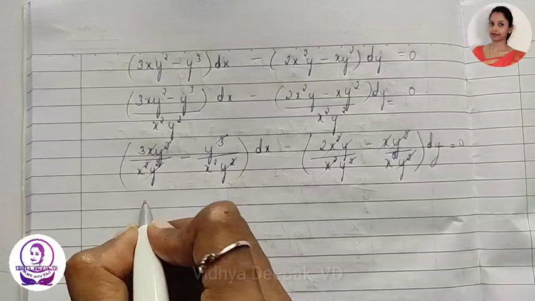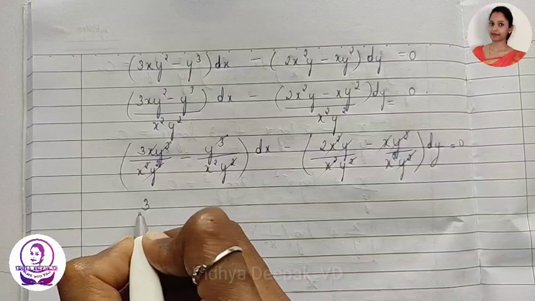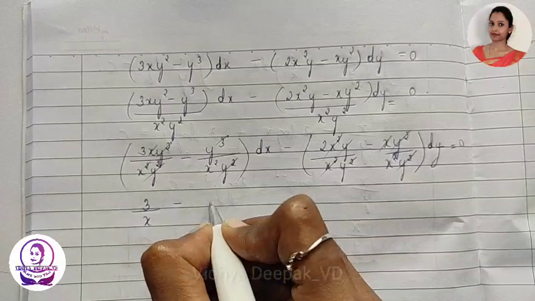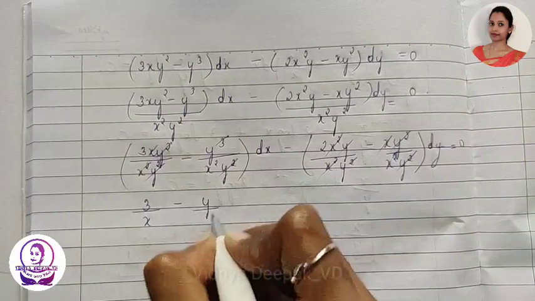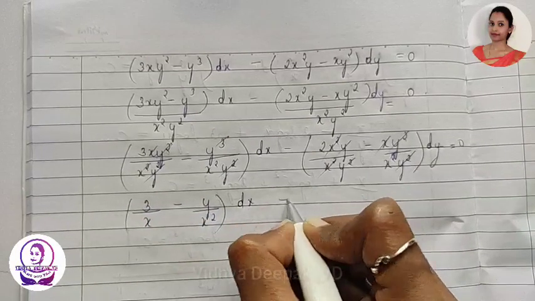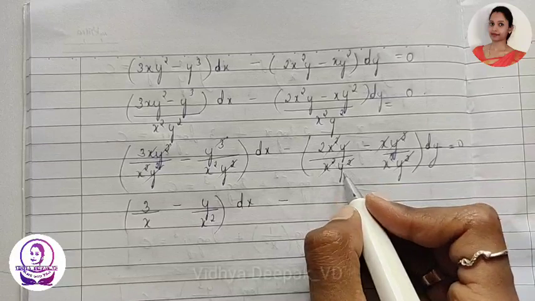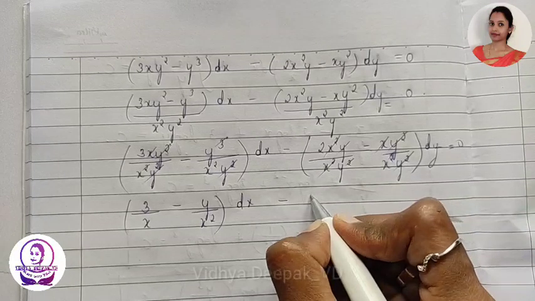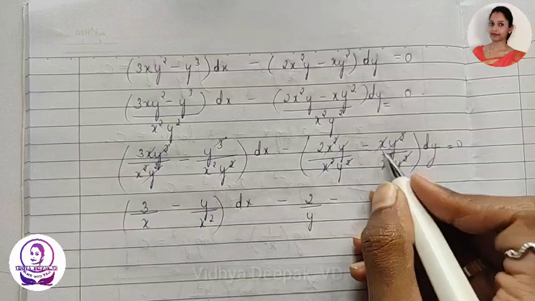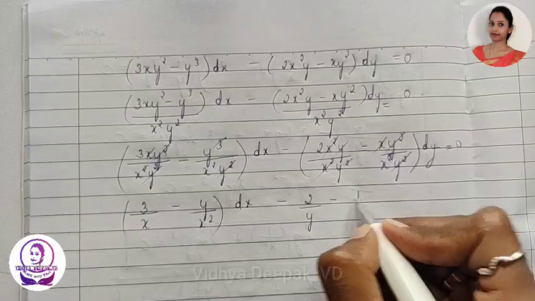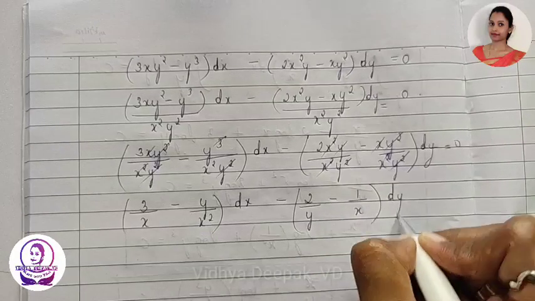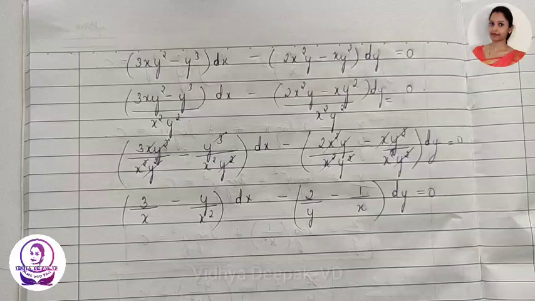What is remaining? 3 by x minus y by x square dx minus, so here you have 2 by y minus 1 by x dy is equal to 0.